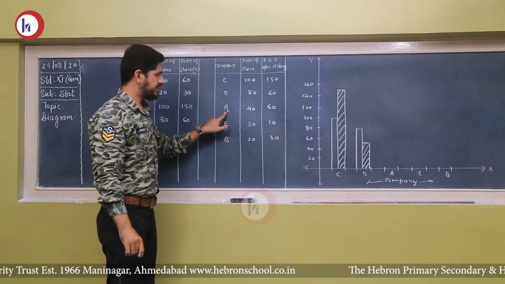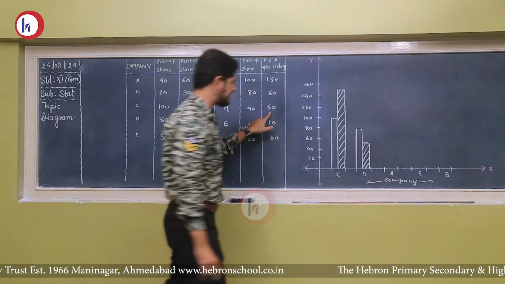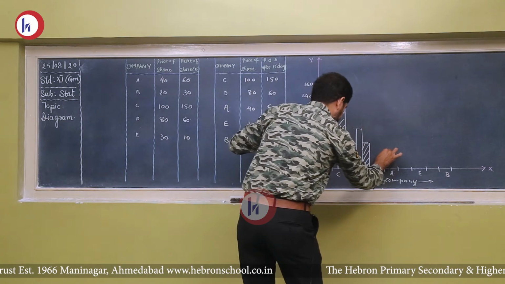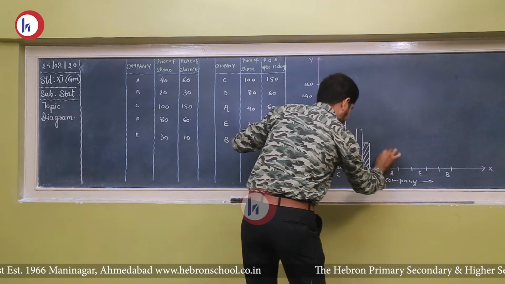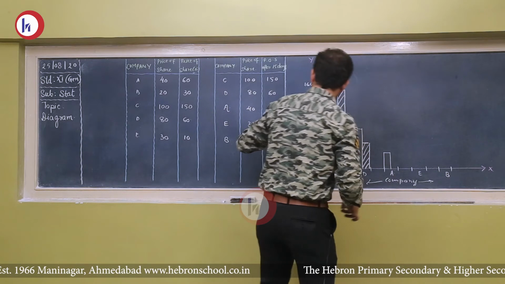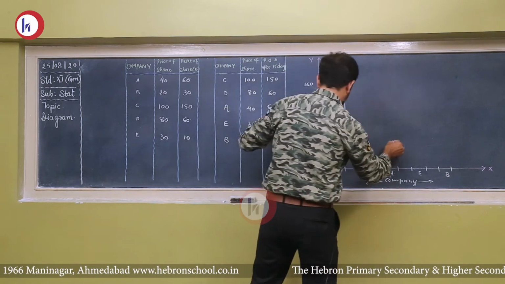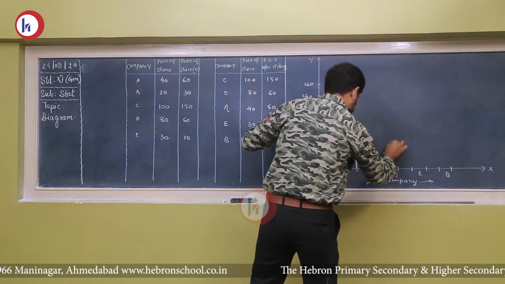Next one, in company A, 40 and 60. So 40 is the price, and after 15 days the price would be 60.